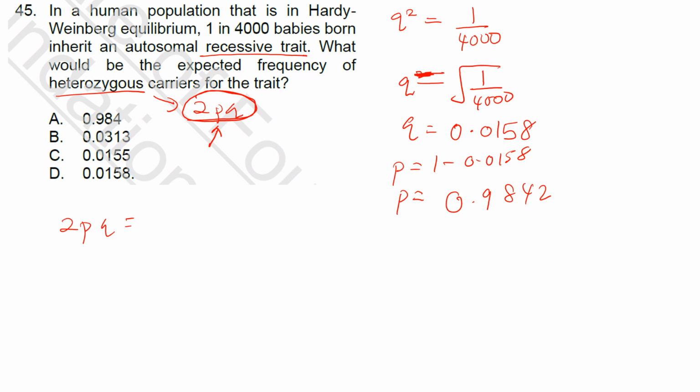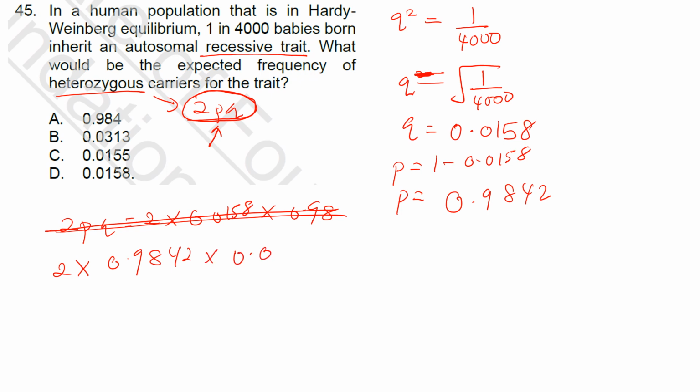For 2PQ, you just insert the values: 2 times 0.9842 times 0.0158. So 2PQ equals how much?